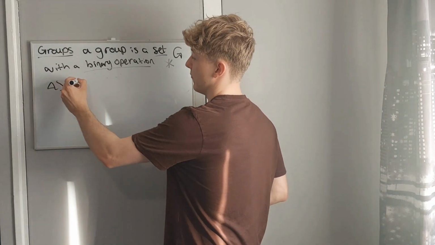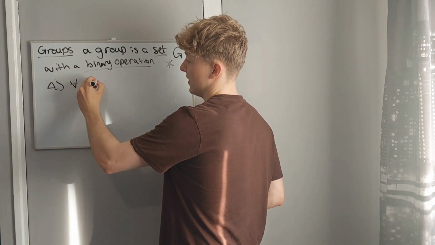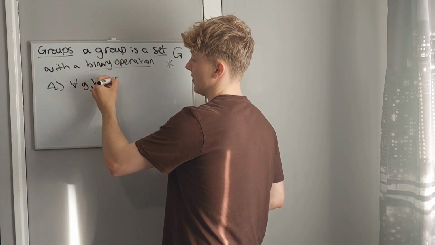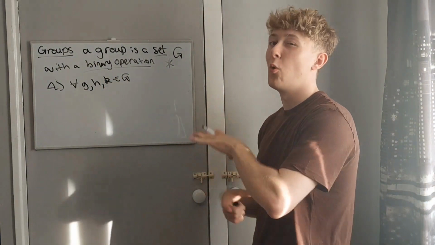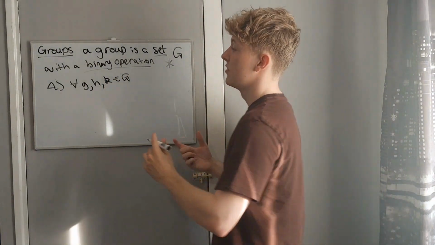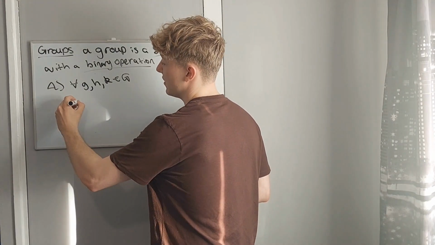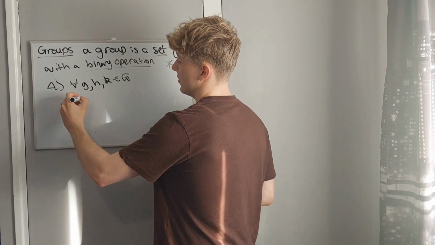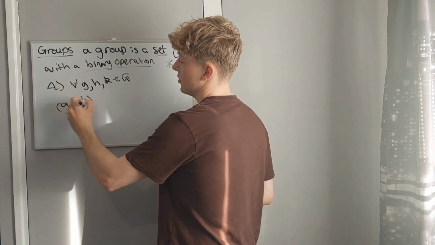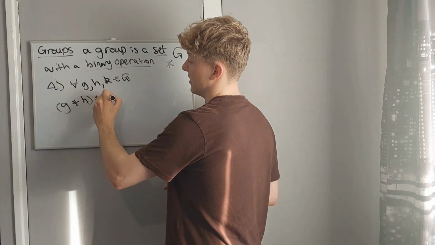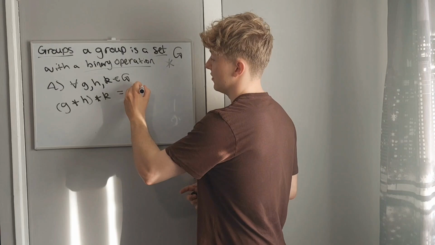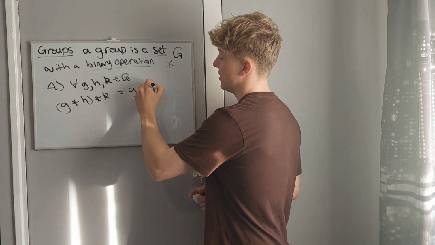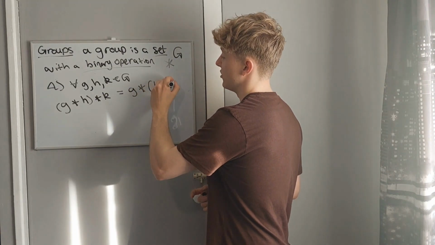And that's to say that if we take any g, h, and k in G, then it doesn't matter really what order we apply star in, which is to say that if we apply star to g and h and then to k, it should do the exact same thing as applying g to h applied to k.